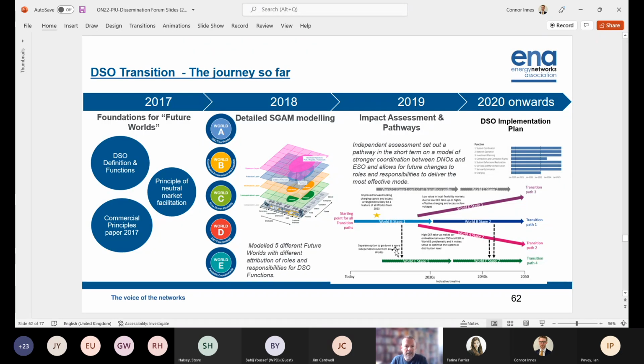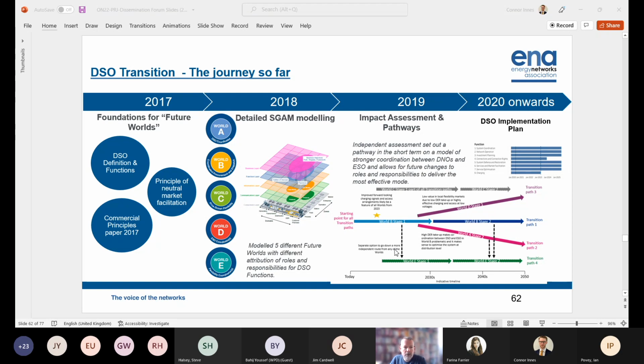So in 2017, when we started, we were looking at distribution system operation definition and functions. We looked at the principle of neutral market facilitation, which has driven everything we do through the Open Networks program, making sure that as natural monopolies we're neutral facilitators of the market.